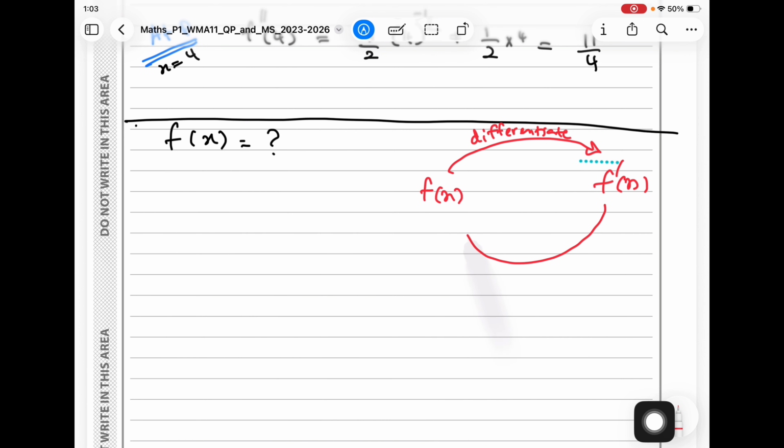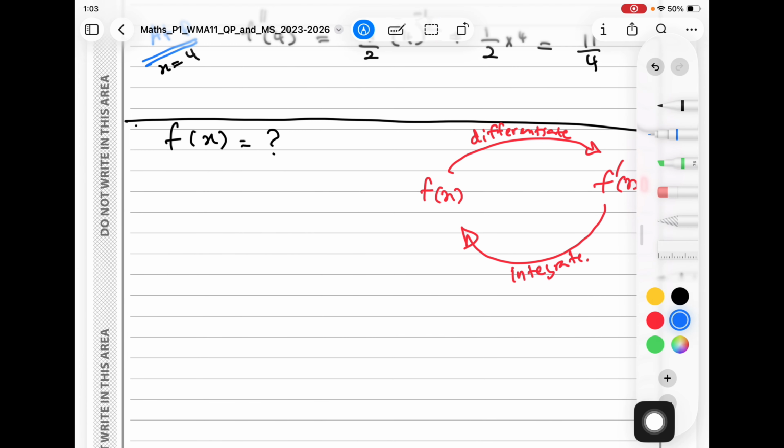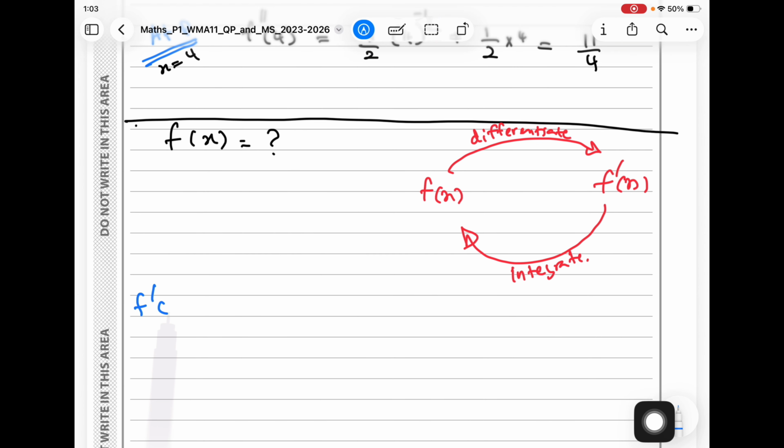From here to here, obviously you should integrate. So we have f'(x) = 3x^(1/2) + 1/4 x².